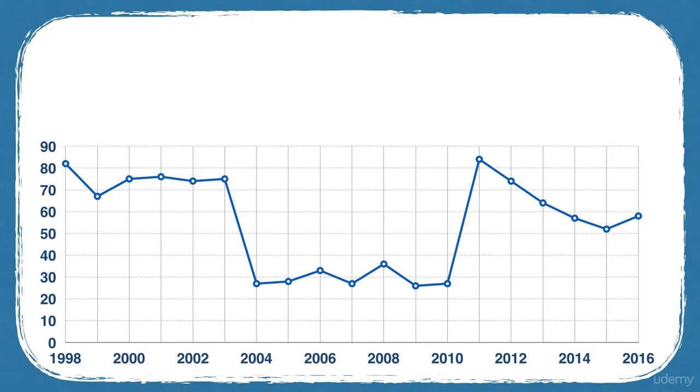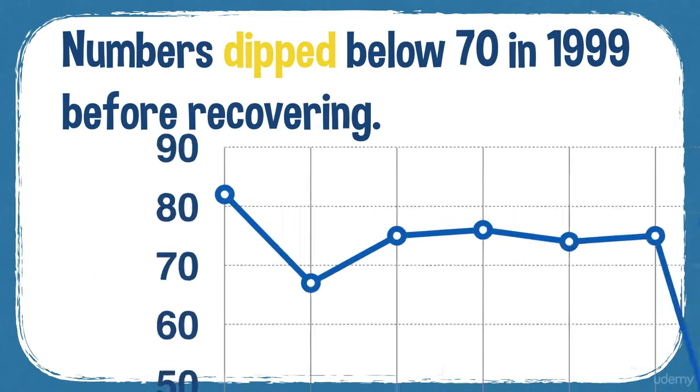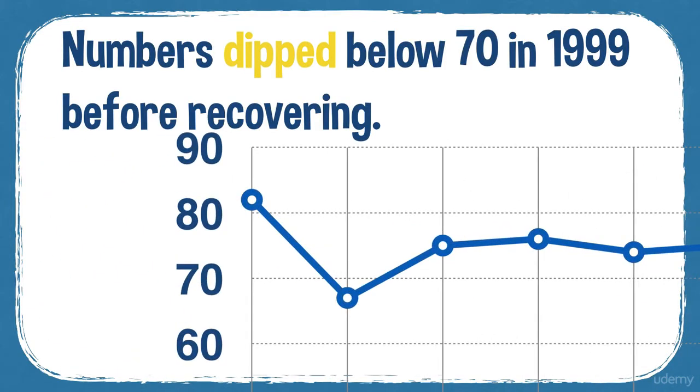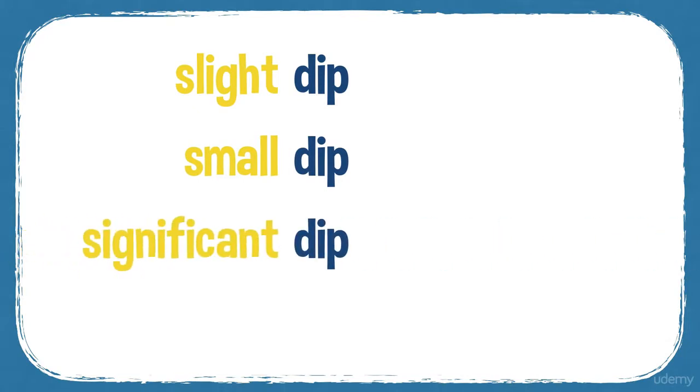And you could say also numbers dipped below 70 in 1999 before recovering. Went back up again. So you talk about a slight dip, small dip, but you can have big ones, significant dips. And you can dip below. That's using dip as a verb, so numbers dipped below.